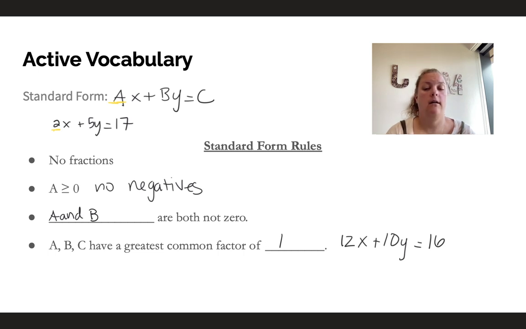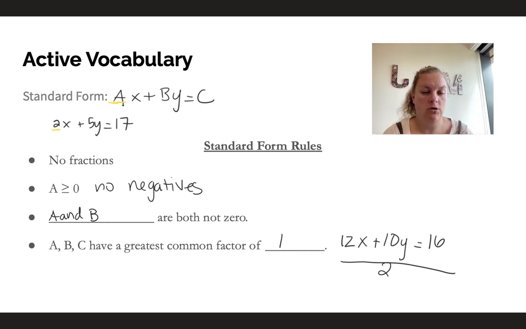There are numbers for A and B. The number in front of the x, the a in this case, the 12 is positive, it's bigger than 0, but it doesn't follow the last rule, which is that a, b, and c have to have a greatest common factor of 1. So what I mean by that is there is a number that I can divide out from every single number in this equation. I can divide everything by 2. And it has to be everything.